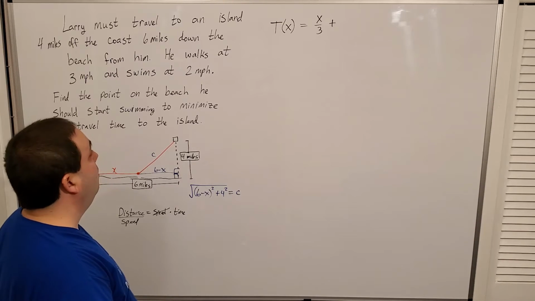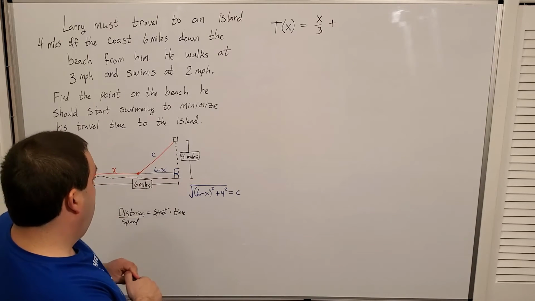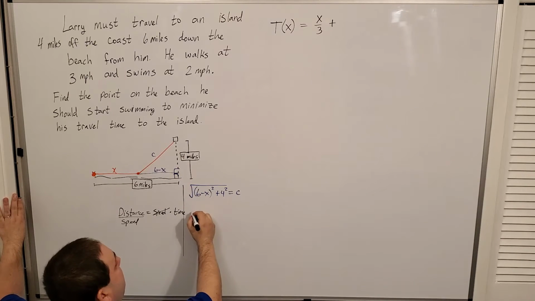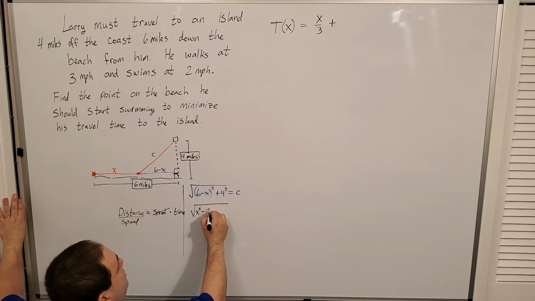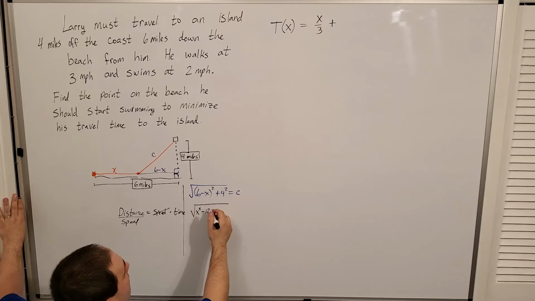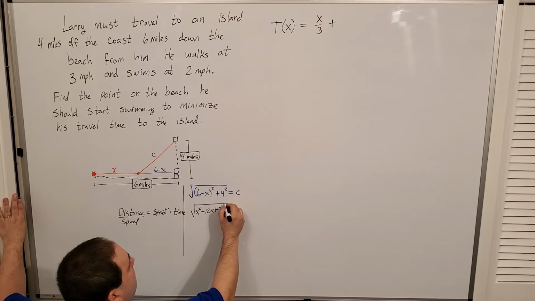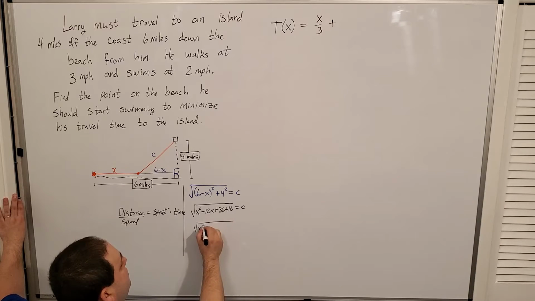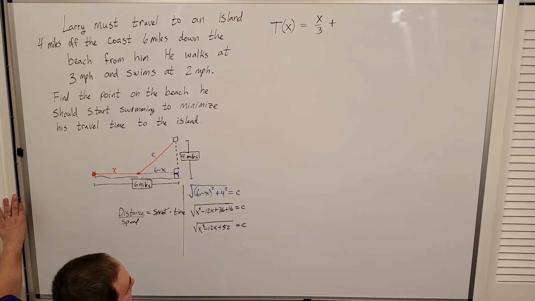So now I'm going to take that distance. Let's simplify it a little bit too. Let's see. That's going to be the square root of x squared minus 12x plus 36, right? Then plus 16 is equal to c. So the square root of x squared minus 12x plus 52 is equal to c.